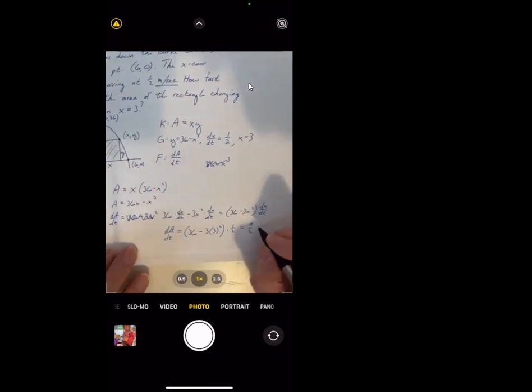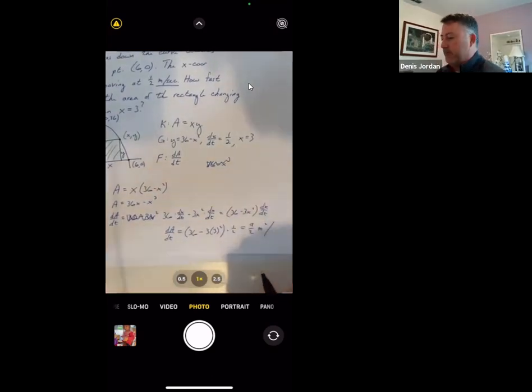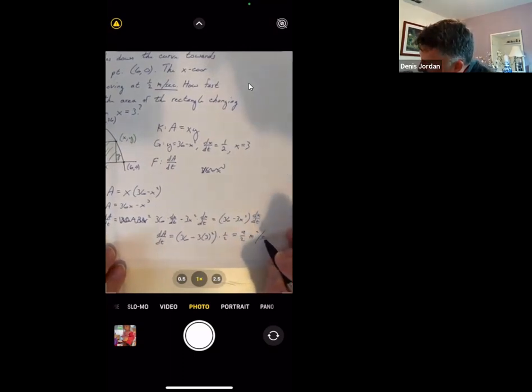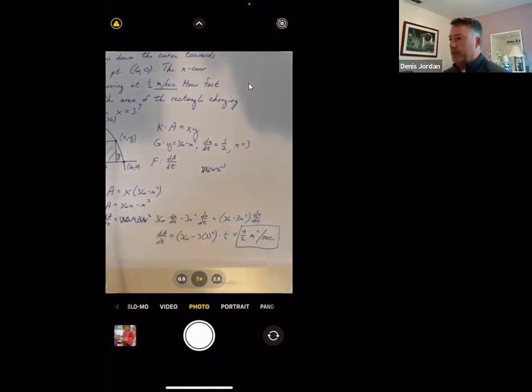Area, regardless of what shape or units, is always the unit squared over seconds. Volume would be units cubed over the time, and a length or distance would be the single unit with no exponent over the time.